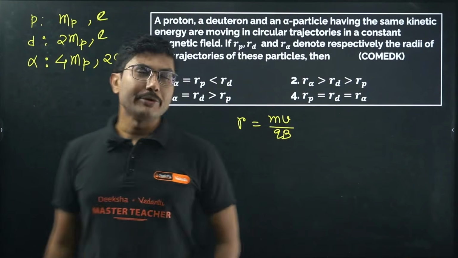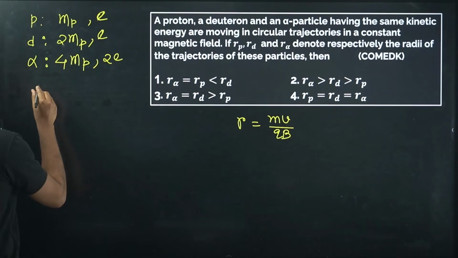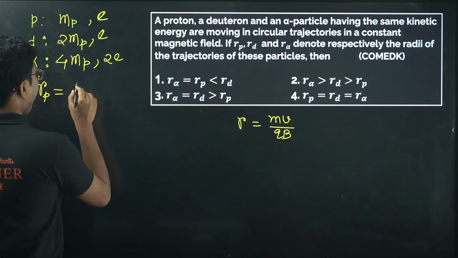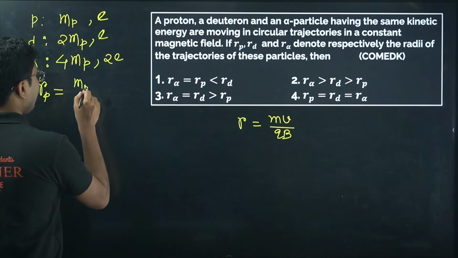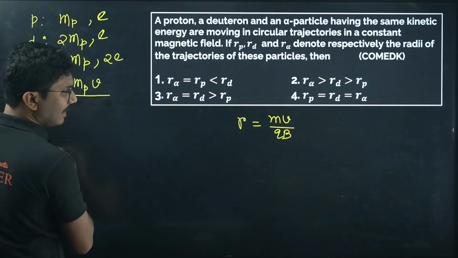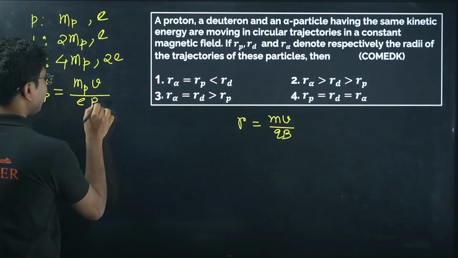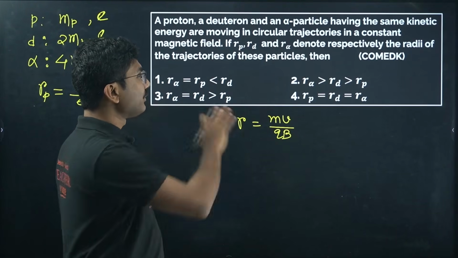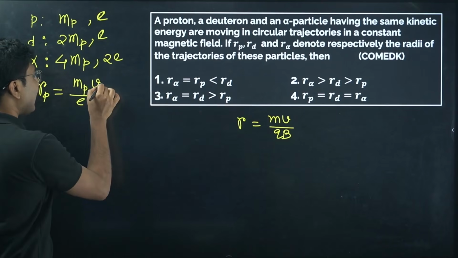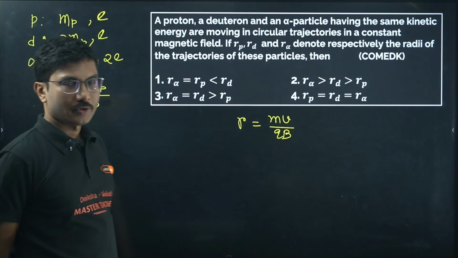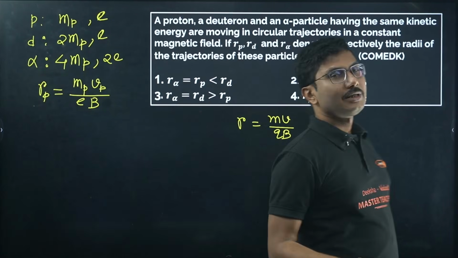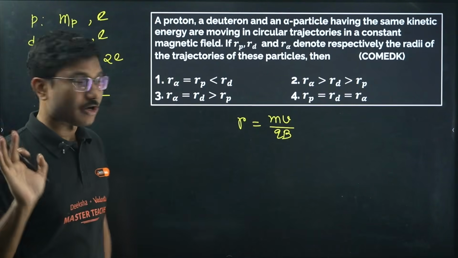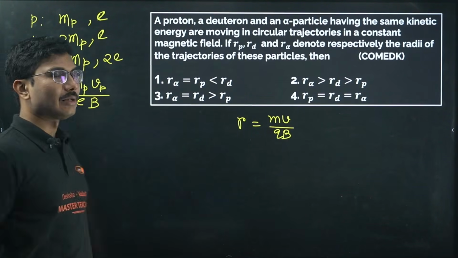Okay, now we will calculate these terms. So Rp is given by mp v by e into B. Now all of them have the same kinetic energy. That does not mean that velocity is the same. Same kinetic energy means kinetic energy is the same, not velocity. If velocity were the same, it would have been a slightly easier problem.